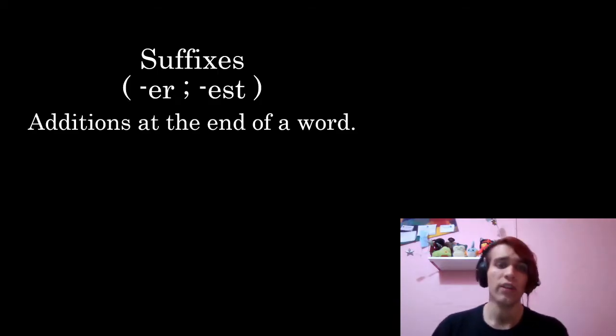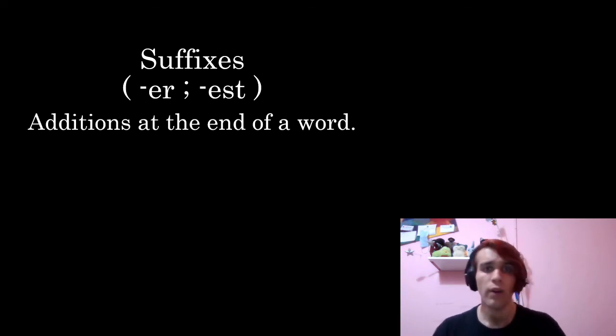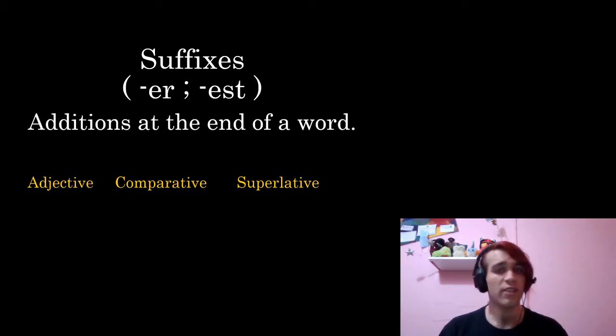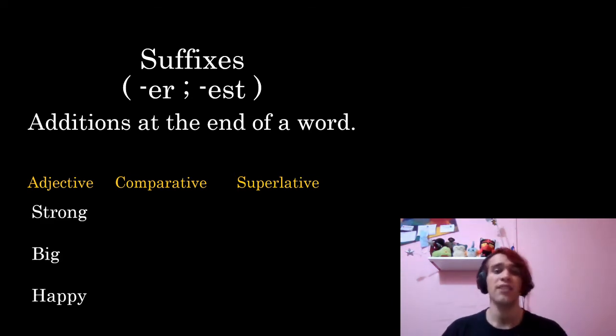Now, let's see what suffixes are. We're going to work with the suffixes er and est. These are additions to the end of a word. We are going to use these suffixes to make our adjectives comparative or superlative. For example, we have the adjectives strong, big, and happy.